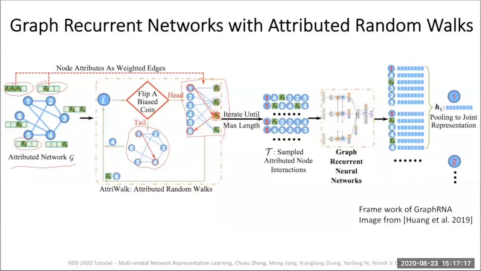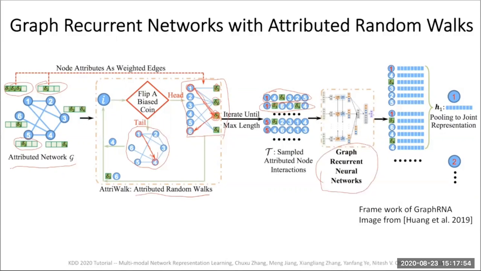So then the attributed random walks are conducted by either working on the bipartite graph or working on the original graph. Then by doing these two kinds of attributed random walks, we can have the random walk sequences. And then these random walk sequences are given to a graph recurrent neural network. And this graph neural network will learn the embeddings for the nodes and also for the attributes.